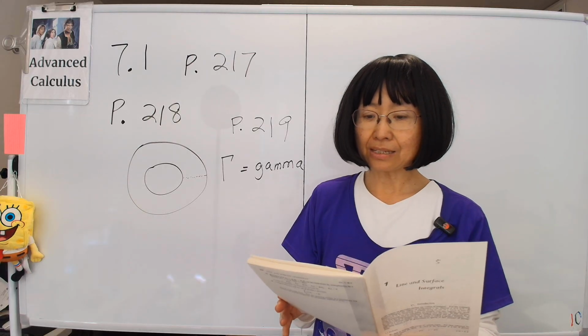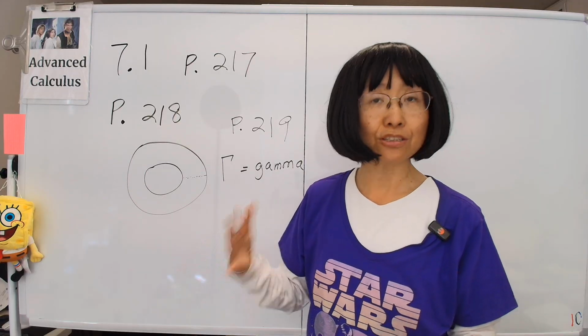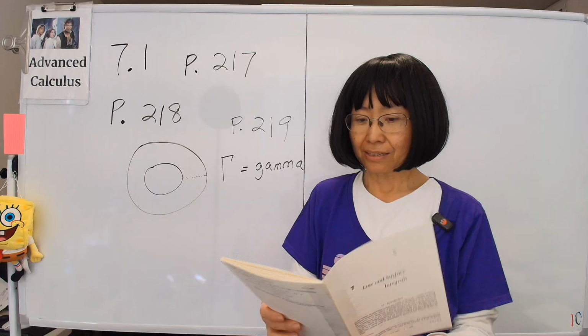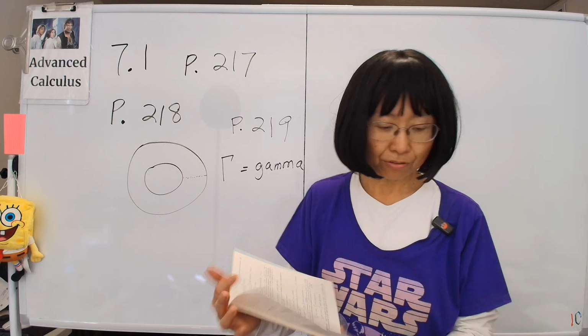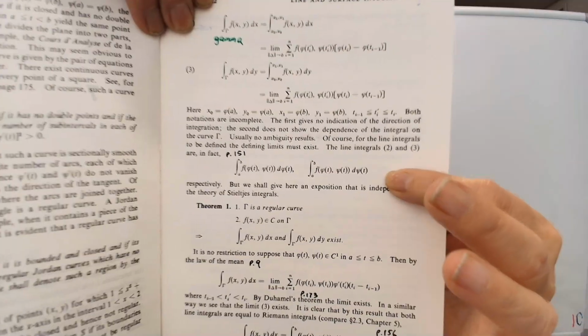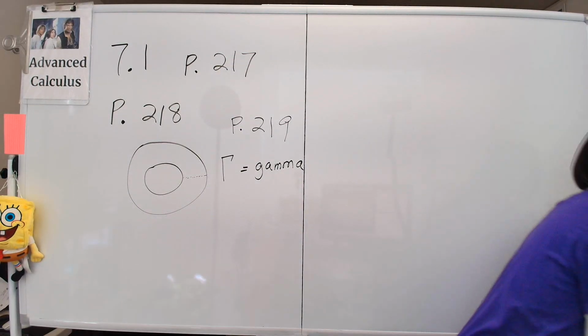This integral is defined this way, assuming the limits exist, of course. If you compare this definition to page 151, you will notice that these definitions are exactly this thing, okay? So I will show you page 151.